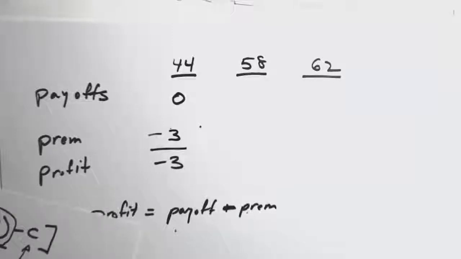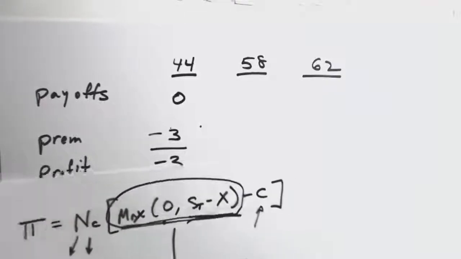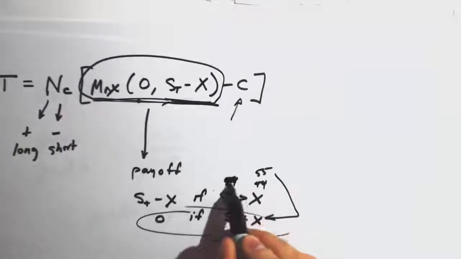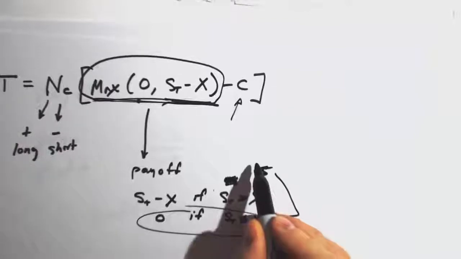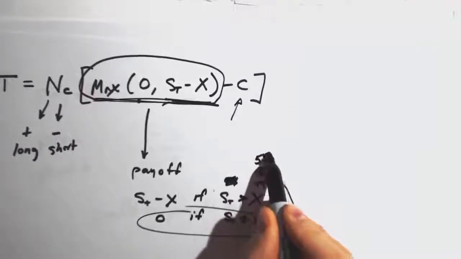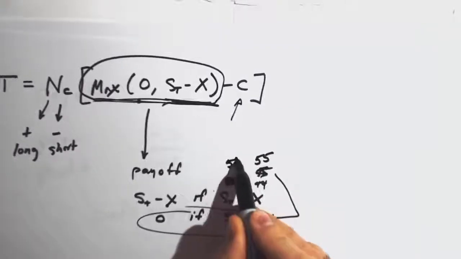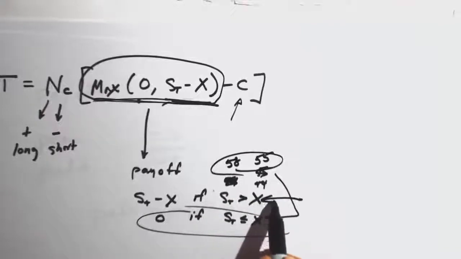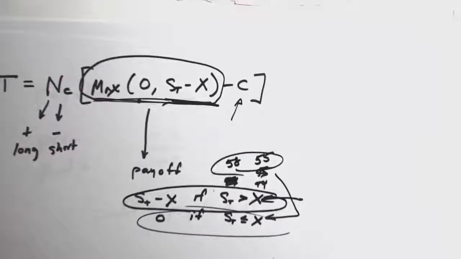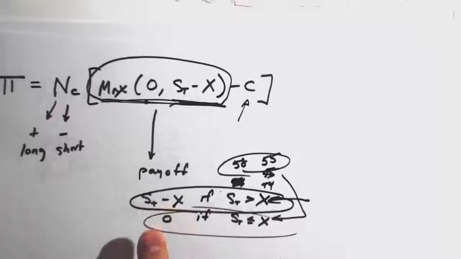Now let's see what happens when the stock price equals 58. The strike is still 55 and the stock price is 58. That's positive, so this scenario holds and the payoff is positive.